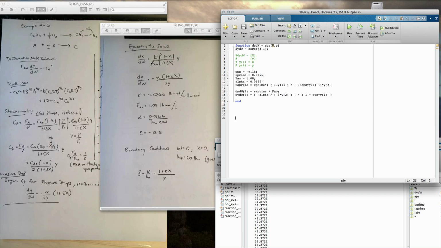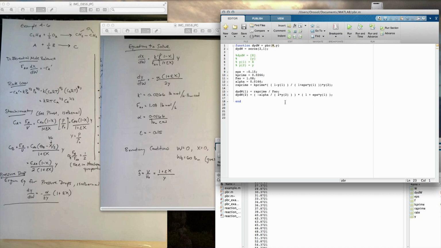So like this one, I have minus alpha 1 plus epsilon x, so x would be y1, and then it's divided by 2y, and so 2 times y2, because that's y.